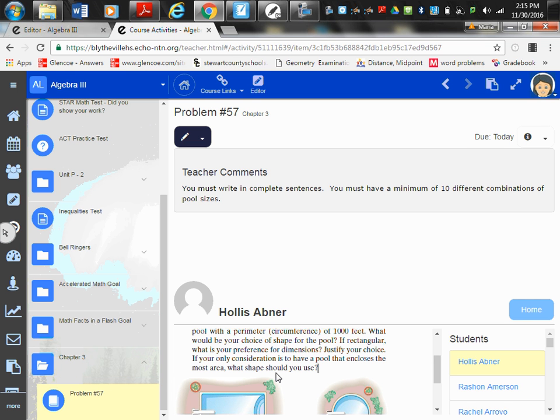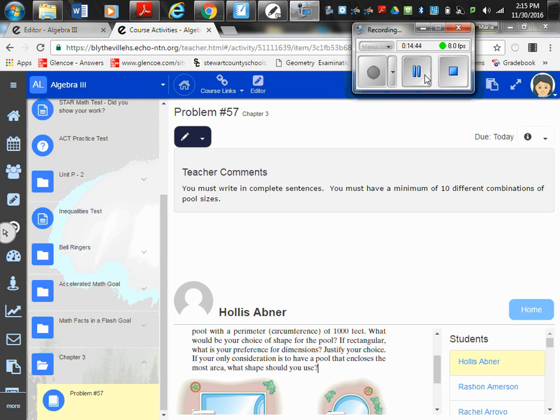My advice would be to use a table, set up a table, so you can have your 10 different combinations, and then do area for each, perimeter, and answer each question in a table format. So you're doing problem number 57 in Chapter 3, and it is done on Echo. All right, any questions? Yes.